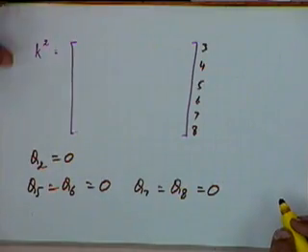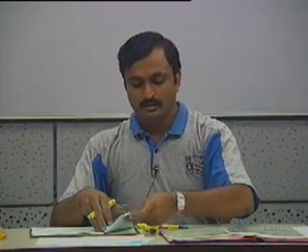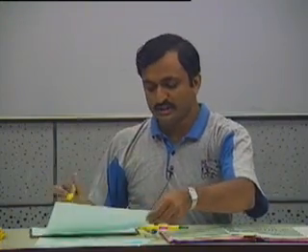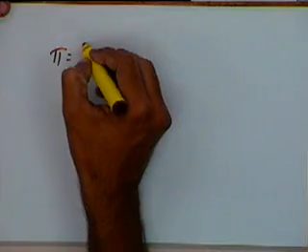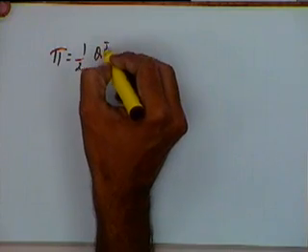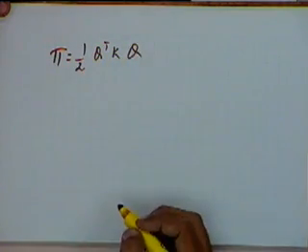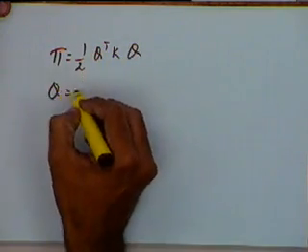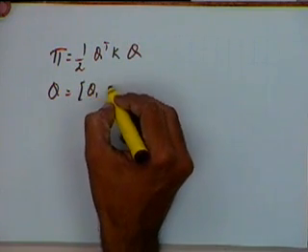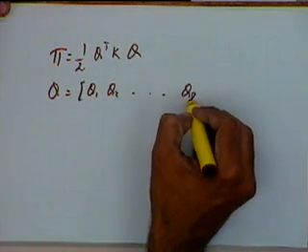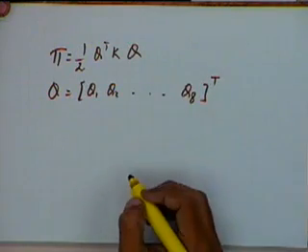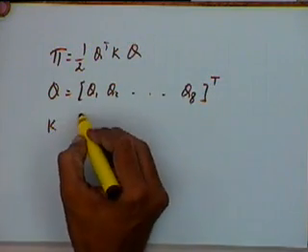And in my potential energy expression pi, this term Q is going to contain 8 terms, and K will be an 8 by 8 matrix.